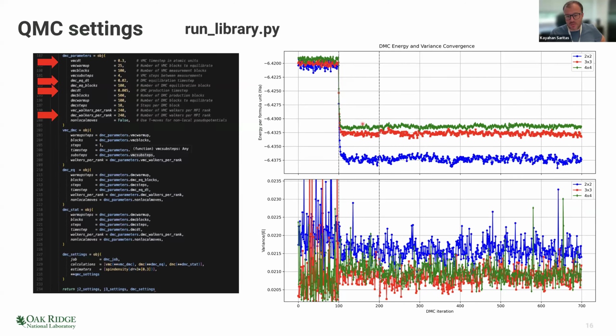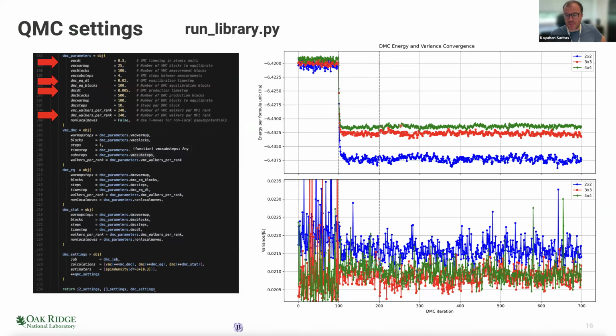But this can also be used to give you an idea about how large the time step errors are expected to be. So you can treat this as if it's a separate DMC run that is used to calculate the DMC energies at this larger time step.